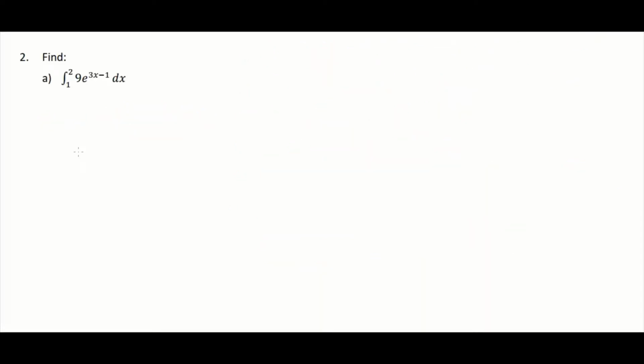Okay, so number 2, you should have no problem with this as well. It's just a practice for you. So for the definite integral, 9e^(3x-1) dx from 1 to 2. Okay, so you just do the same thing. So integrate it, or we can take out the constant first. 9 times the integral from 1 to 2 of e^(3x-1) dx.